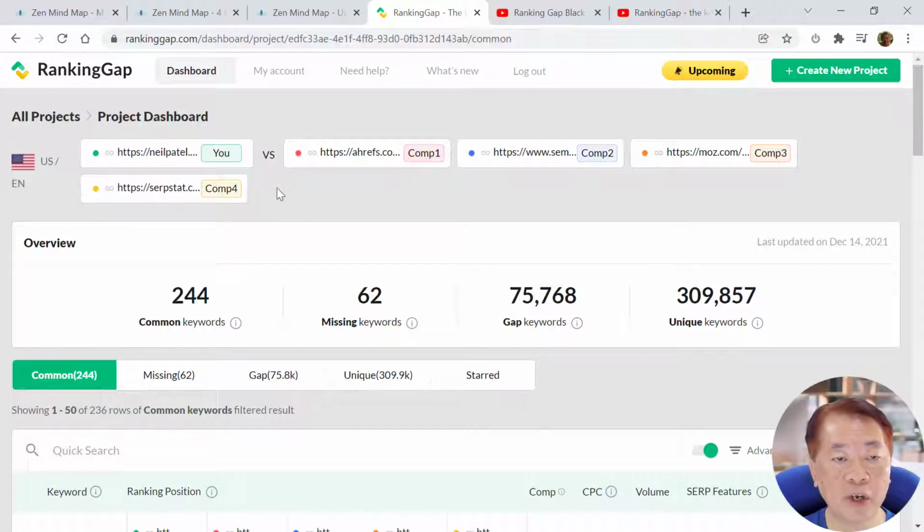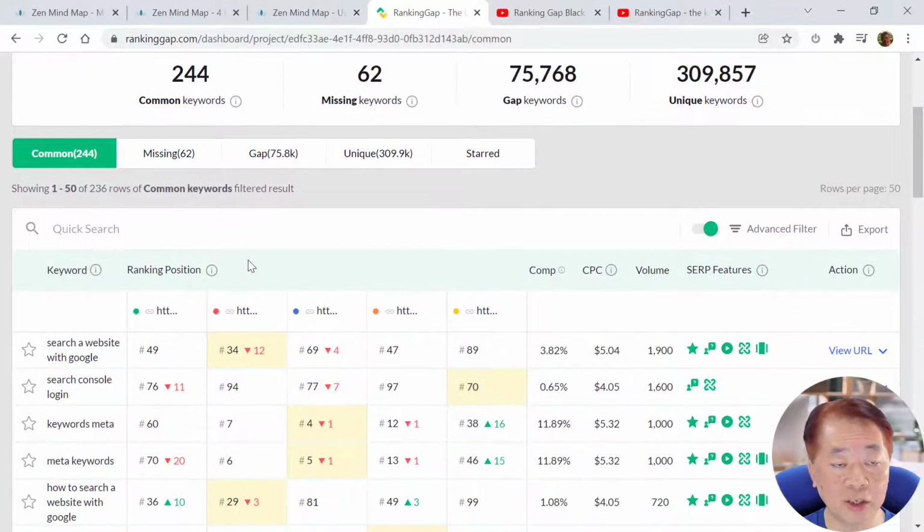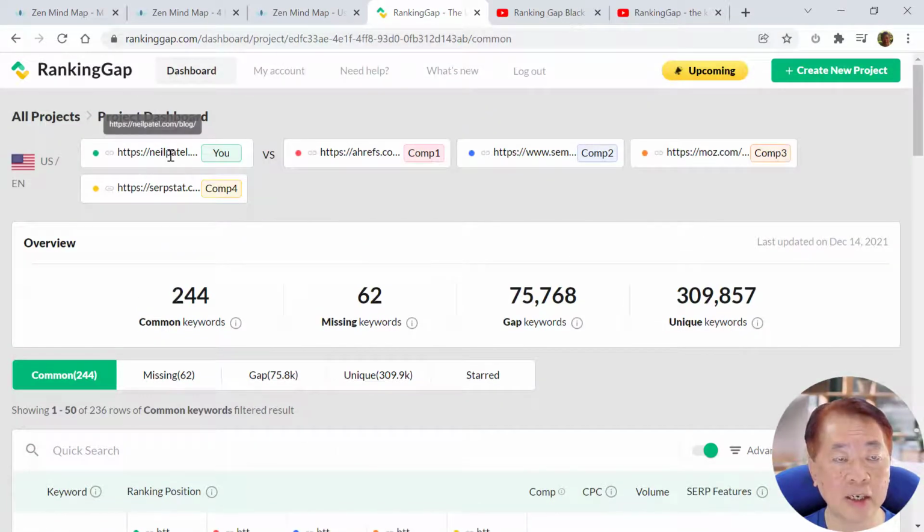So we go into the category level, there is a blog level where we can find all the common keywords that you want to find. For example, assuming that you are the owner of the neilpatel.com website, we are going to find the common keywords against the competitors here: Ahrefs, SEMrush, Moz, as well as Substack.